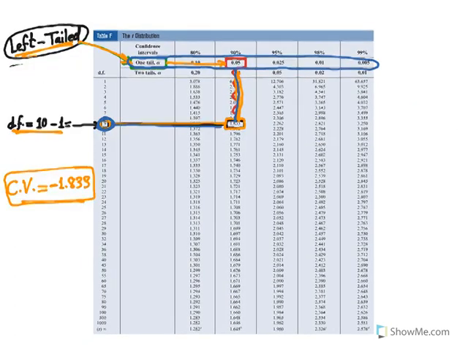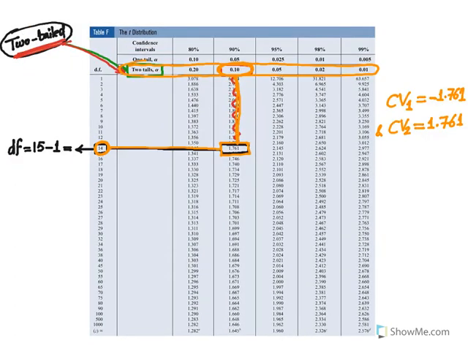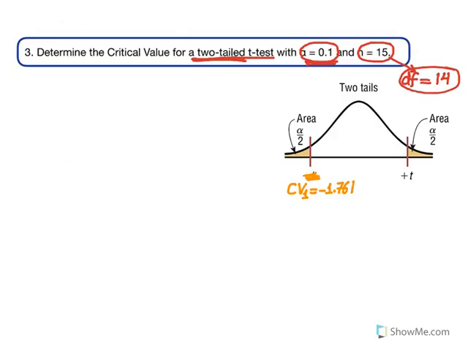Let me just make sure it's 761, yes. And the positive critical value, the second one, is just the negative of the other one. So it's 1.761. You see how the t-table is very easy to use.